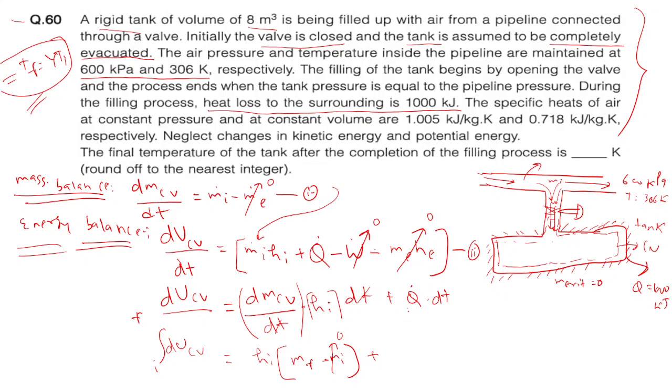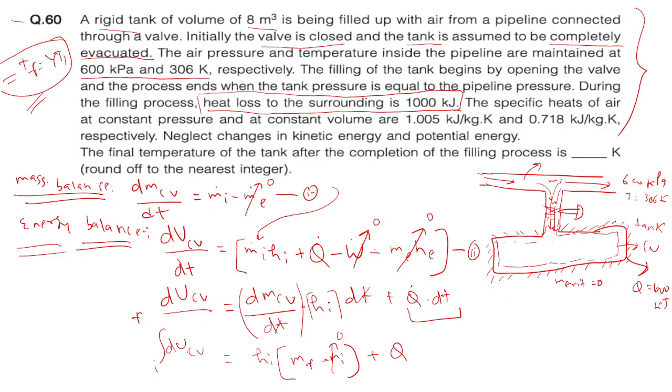So q dot dt means q dot is rate of transfer of heat from the control volume, and t is the whole time. So here they have provided the total heat given to the surroundings in the whole time. So here directly we can write this, q we will write.